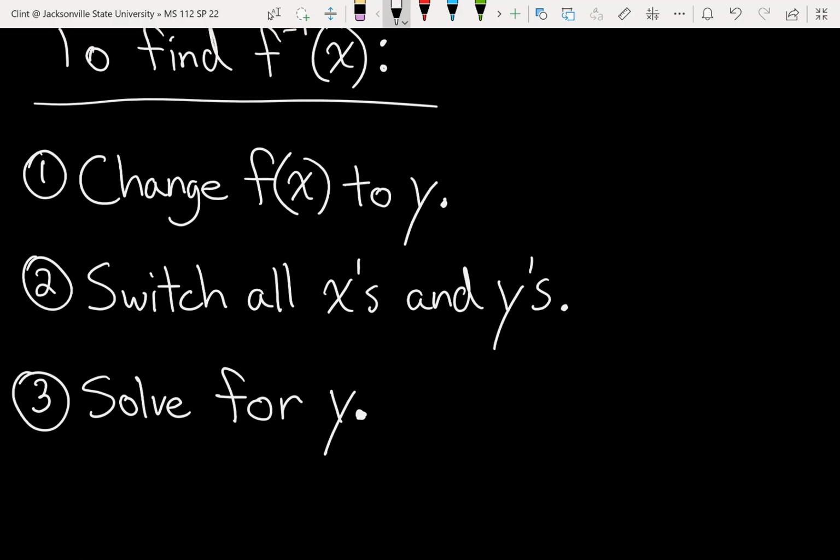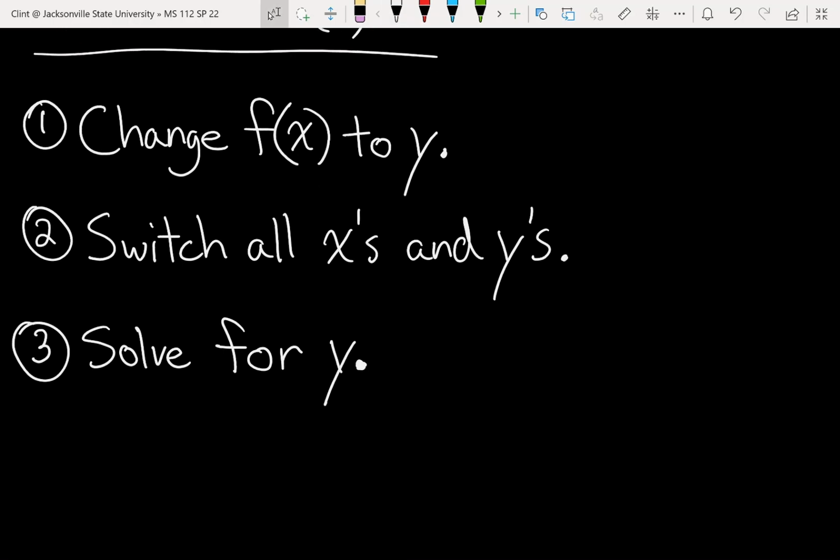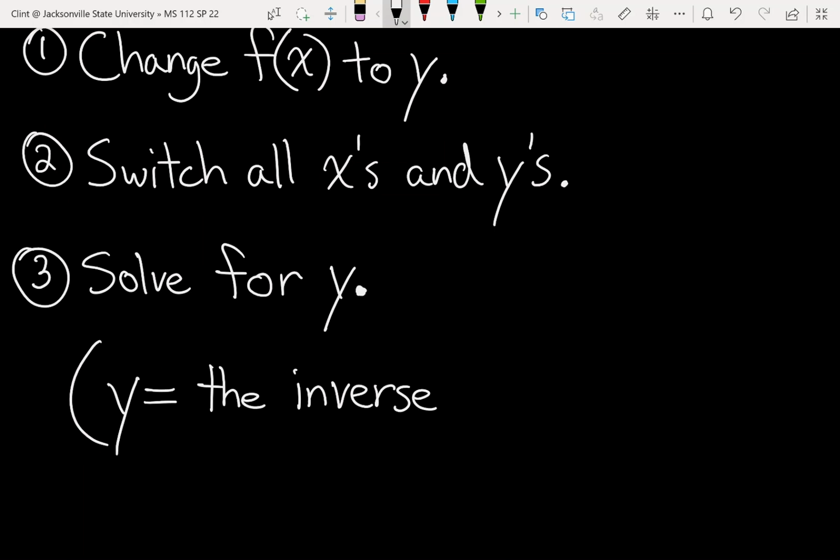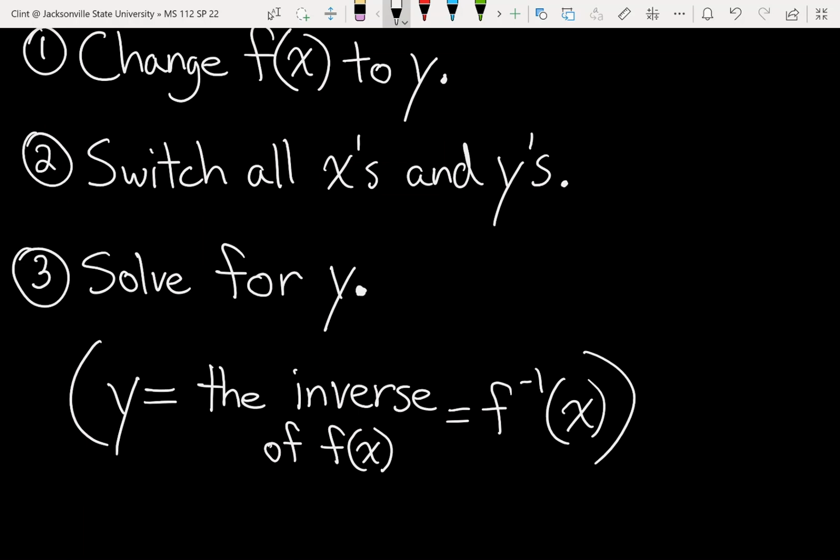So we want to get it into a form that says y equals something. So then y equals the inverse. When we get that solved for y, that thing that we have will be the inverse of f.